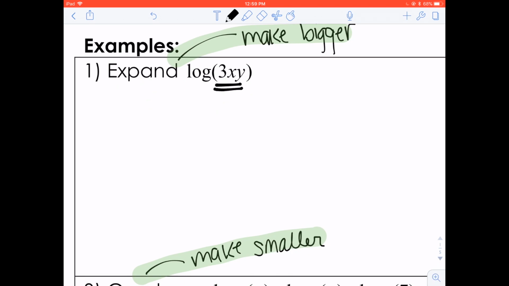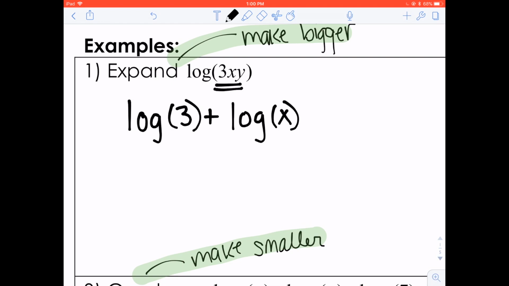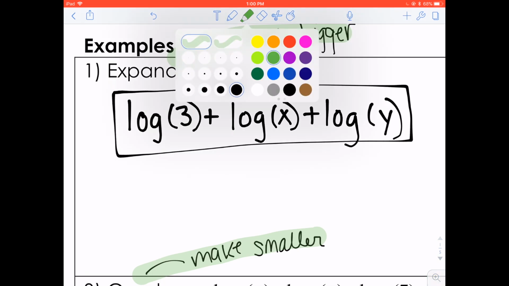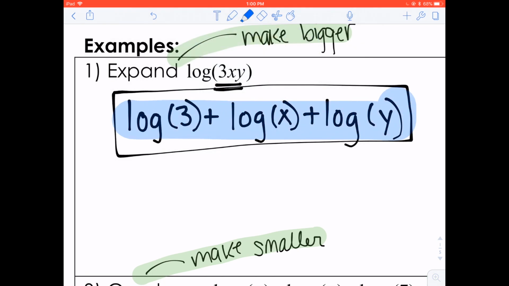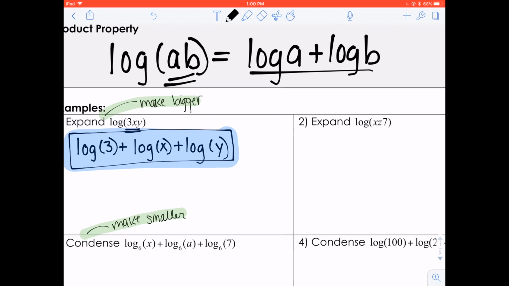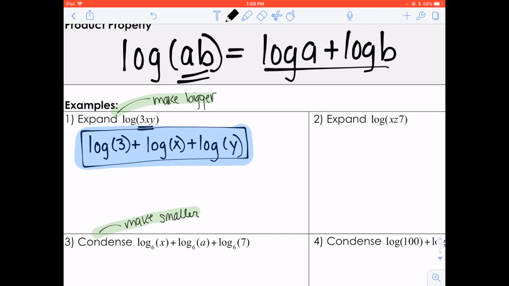So we can simply change that to log of 3 plus log of x plus log of y. And that's our final answer here. Okay, so that's all there is to it. That's called expanding. That's our product rule. Go ahead and pause the video and try number 2. Expand log of xz7.